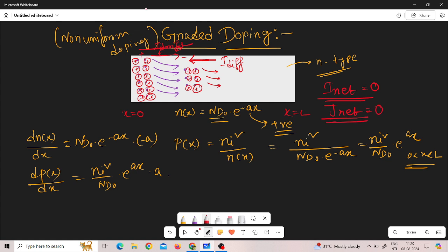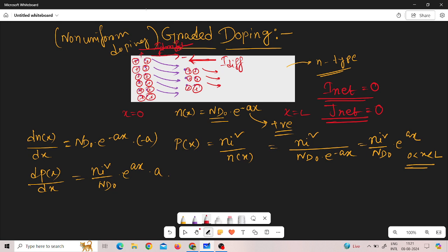I hope this is clear: diffusion current happens because of the concentration gradient, and as the electrons move from left to right, they leave positive ions that create an electric field, and we know that the drift current will flow in the direction of the electric field, that is, in the positive x direction.